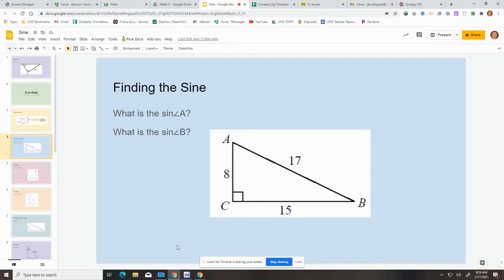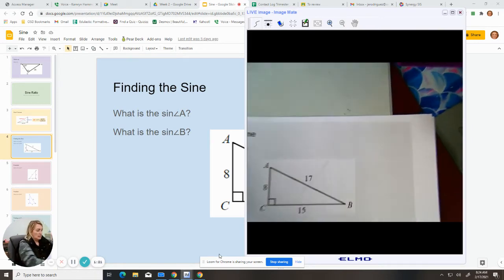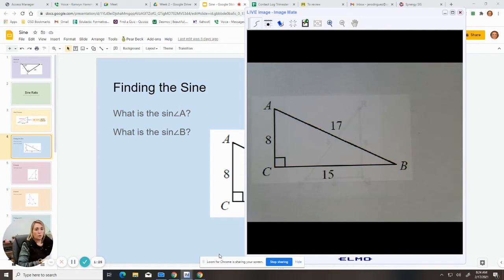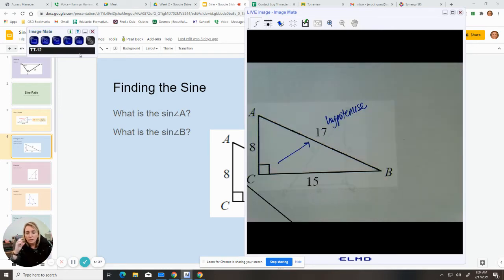So I am going to pull up this other screen. And the first thing we're going to identify is going to be the hypotenuse. Okay, because the hypotenuse is never going to change.